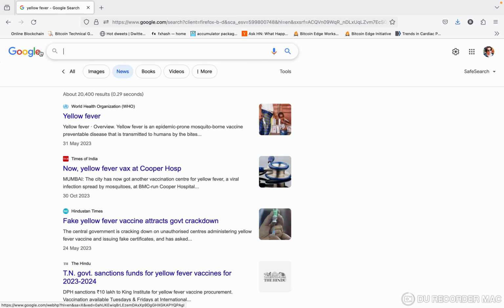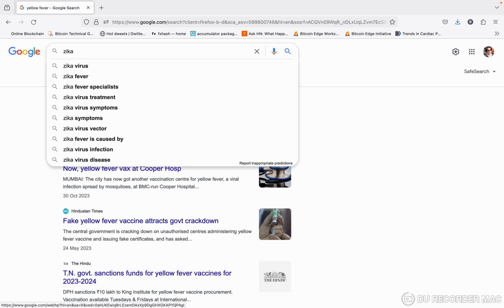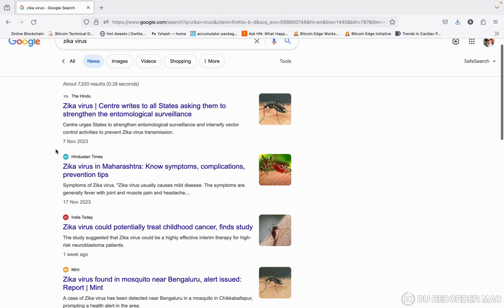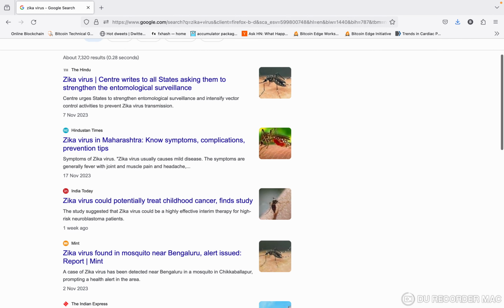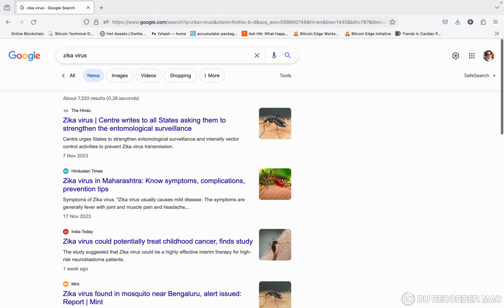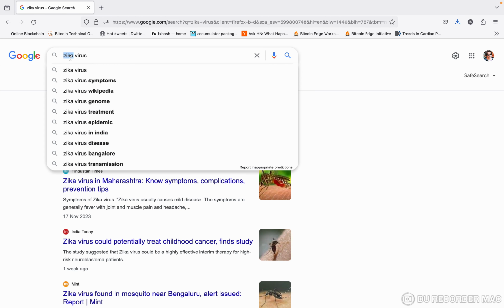Let me check about dengue. Okay, let me check Zika news. Zika virus spread some years ago in Africa, yes. So let me check. Okay, Zika is spreading in Maharashtra. Yellow fever vaccine, Zika.